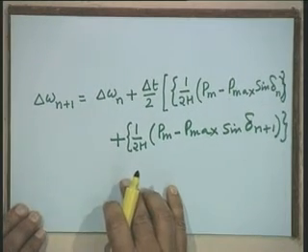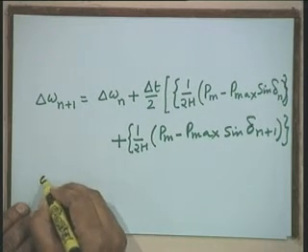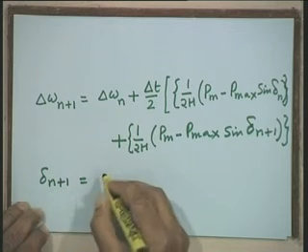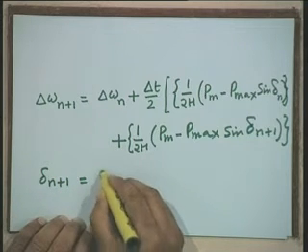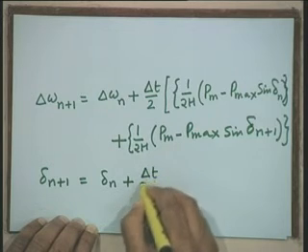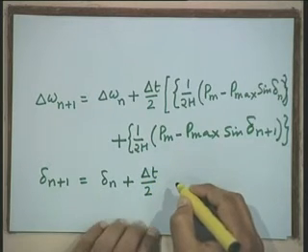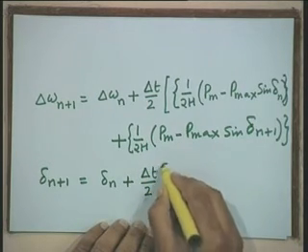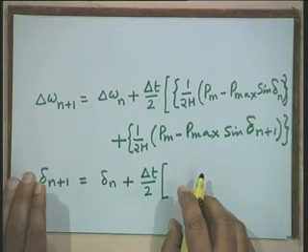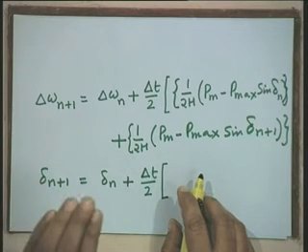The second equation we write down here will be delta n plus 1 equal to delta n plus delta t by 2 multiplied by f of x n, t n.